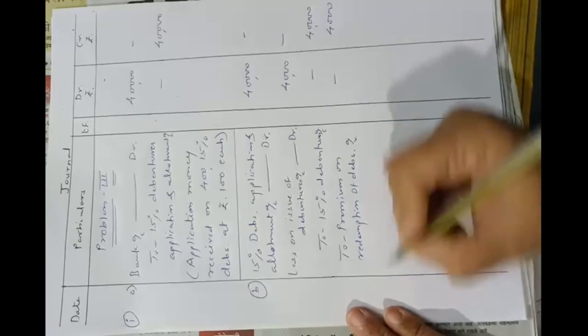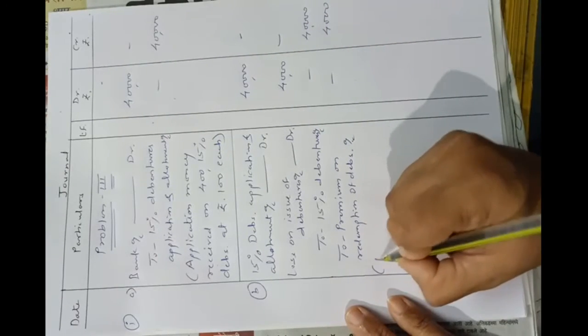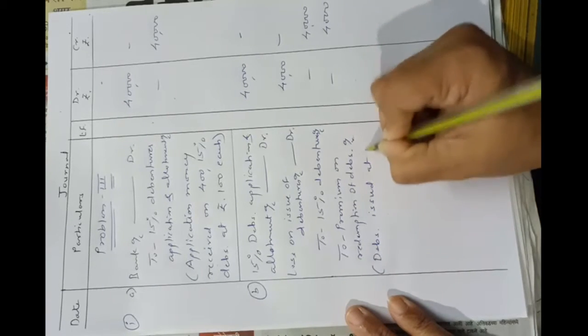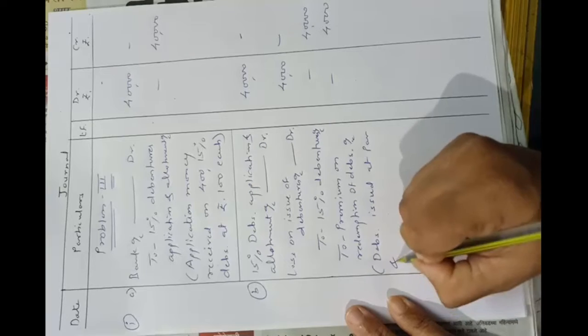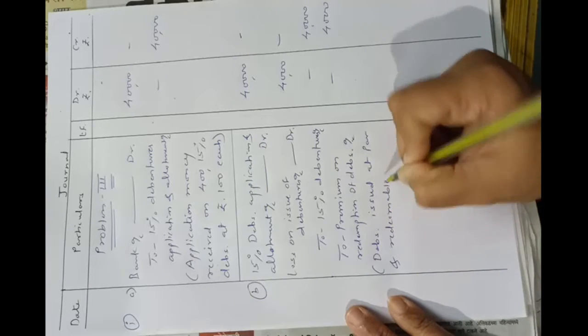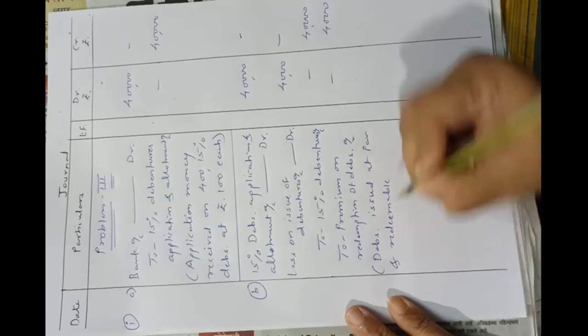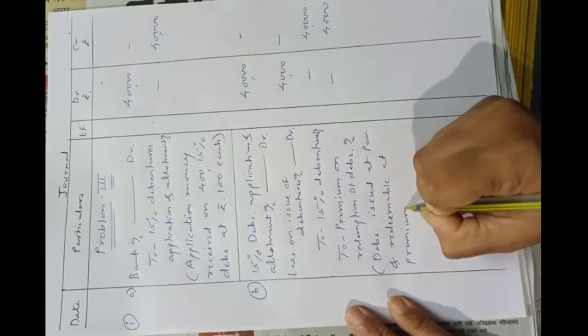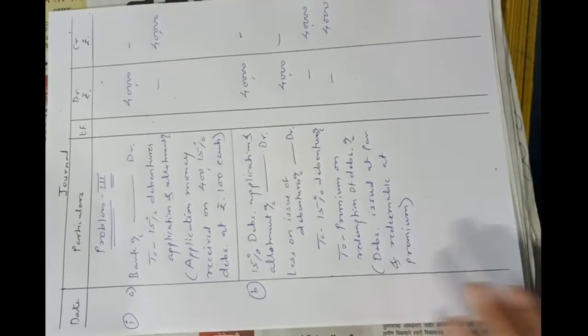This will be the entry. Narration: Debentures issued at par and redeemable at premium.